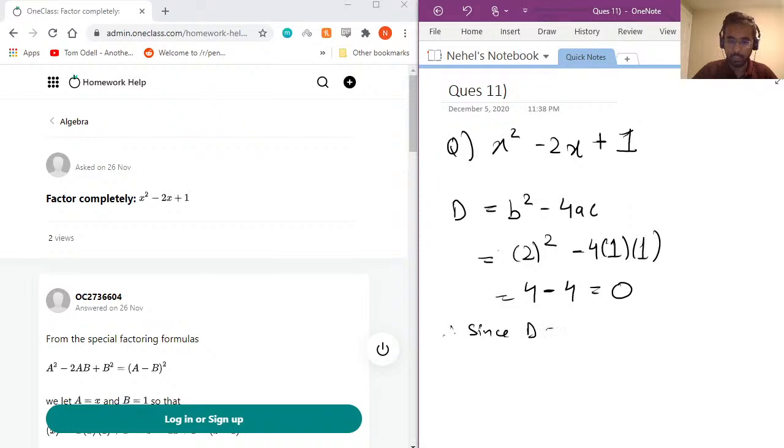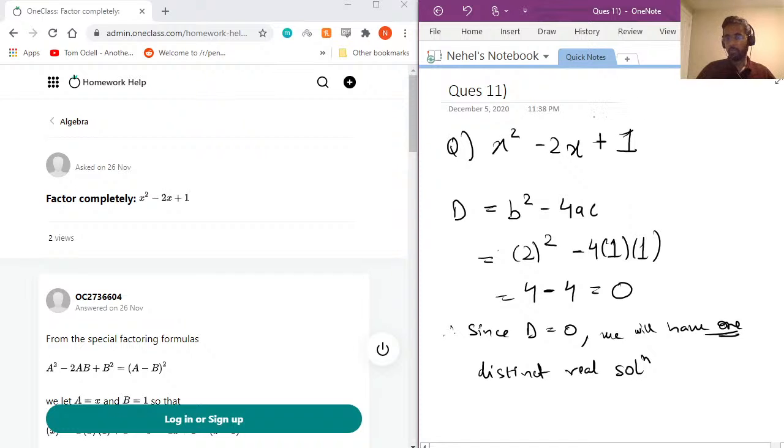Therefore, since the determinant is equal to 0, we will have one distinct real solution. Okay, so from that, it should give me the sense that I'm not going to get a product of two terms. I would have something which has only one solution, so it will likely be one term.